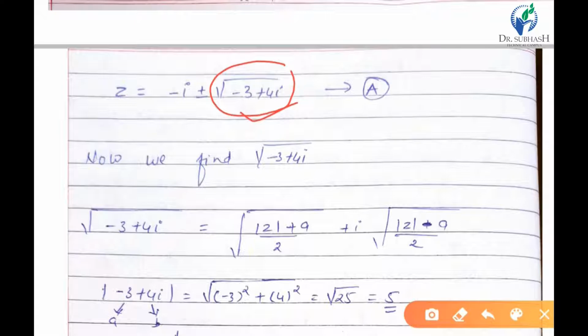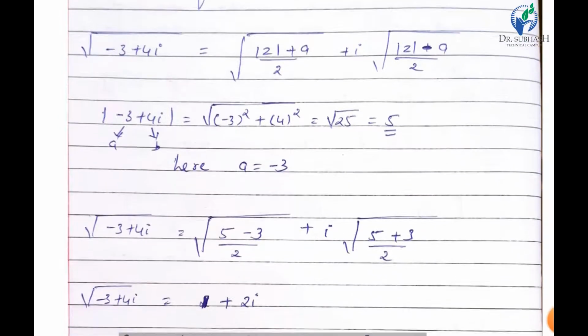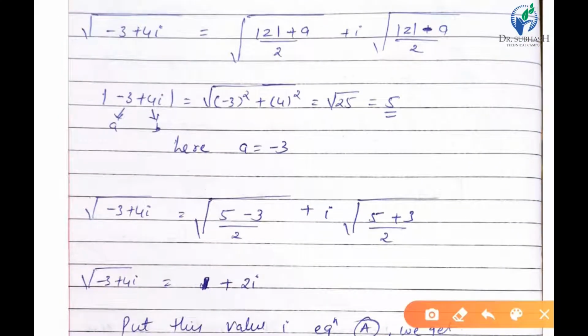Okay, so we will use equation 2, which I have written here. Now first we will find the value of mod z here. So mod z will be, we know that it is under root of x square plus y square. So this will become under root of minus 3 square plus 4 square, which is equal to root of 25, which is 5.